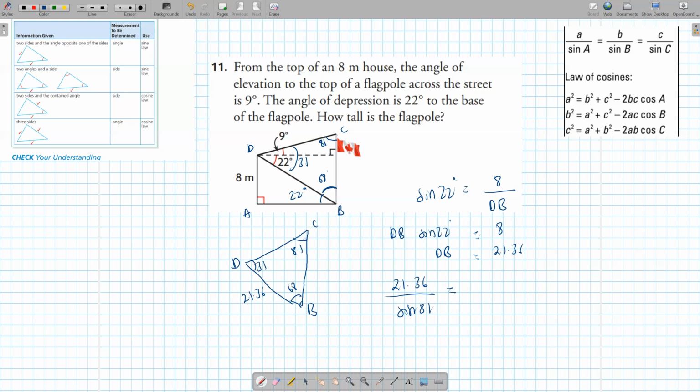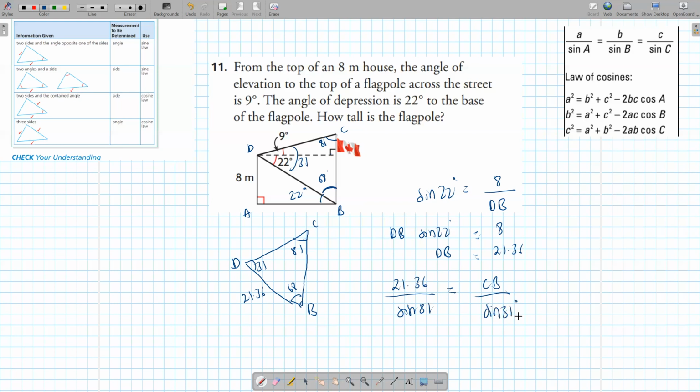That is equal to, do you put CB on top? Yes, you do. Over sine 31? Yes, there we go.